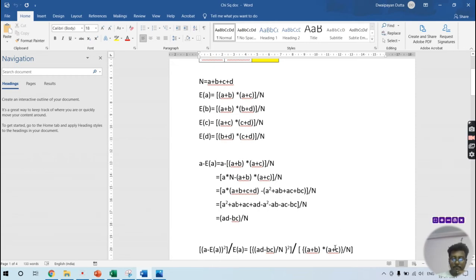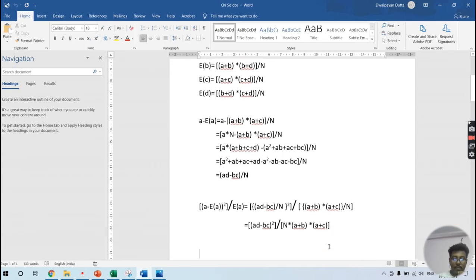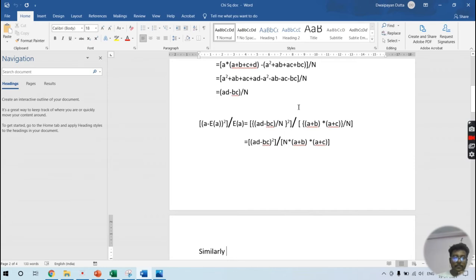Similarly, as we proceed further, see, I have already discussed while finding the chi-square value, we have to do this summation, that is the square of the observed value minus expected value divided by the expected value. I have done this.